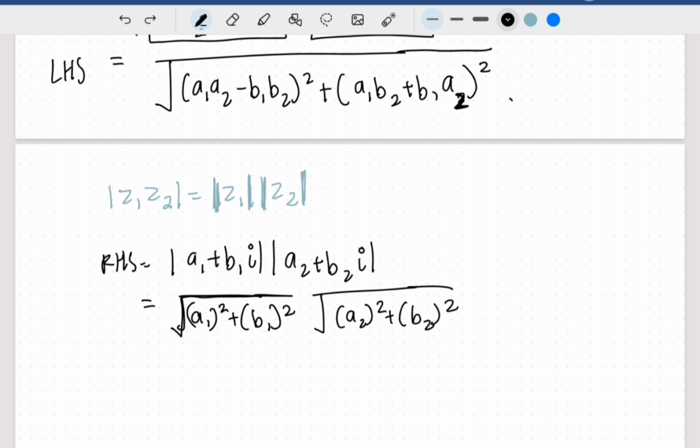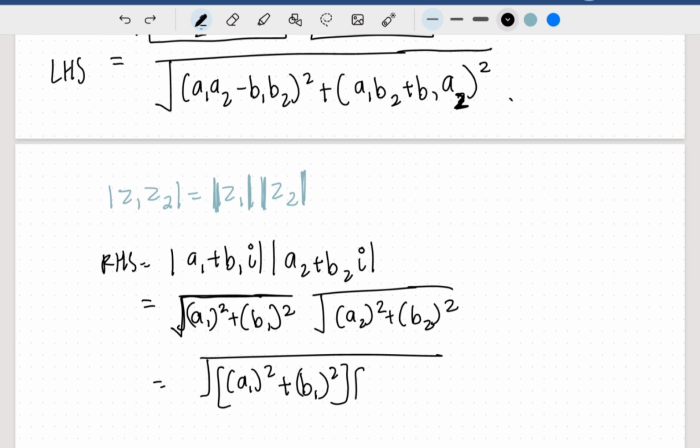These are square roots, so we can multiply them. So we get the square root of a1 squared a2 squared. On second thought, let me write it in a bit easier way. So we have the square root of a1 squared plus b1 squared times a2 squared plus b2 squared.